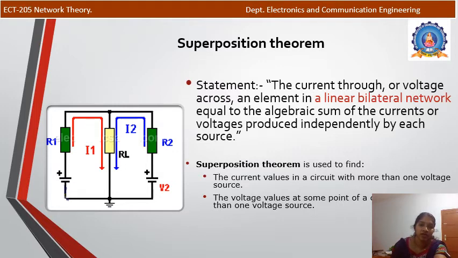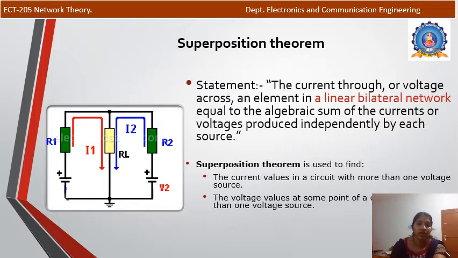So to explain in the diagram, here there are two sources V1 and V2 and three resistors R1, R2 and RL. When we are calculating the current through this load resistance RL, this current will be contributed by V1 and V2, right? So this total current will be the sum of these two currents I1 and I2.